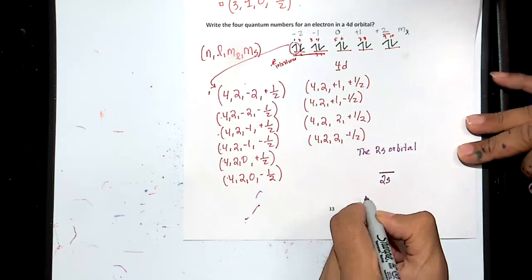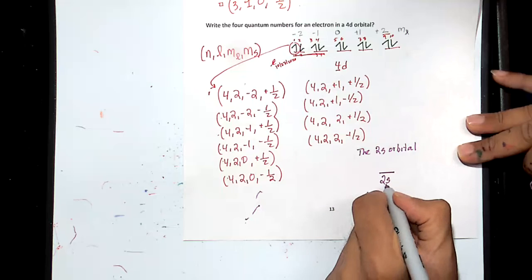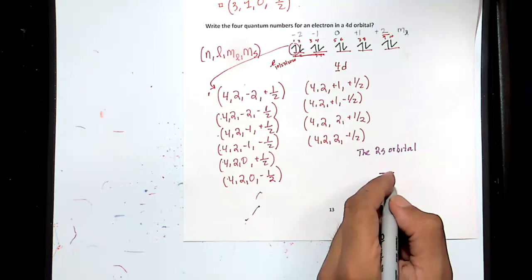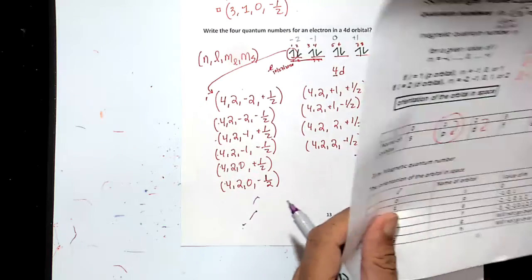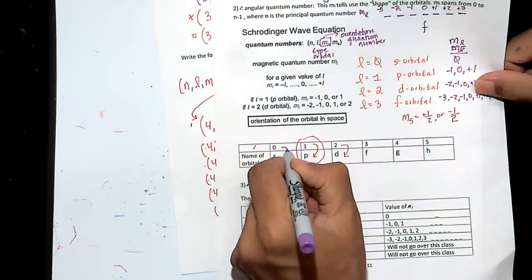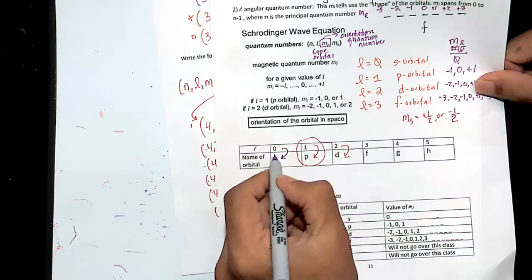What is the principal quantum number? The principal quantum number is the number in front of the orbital, so that's 2. Okay, what is L for an s orbital? Again, you just have to memorize this. What's L for an s orbital? 0.